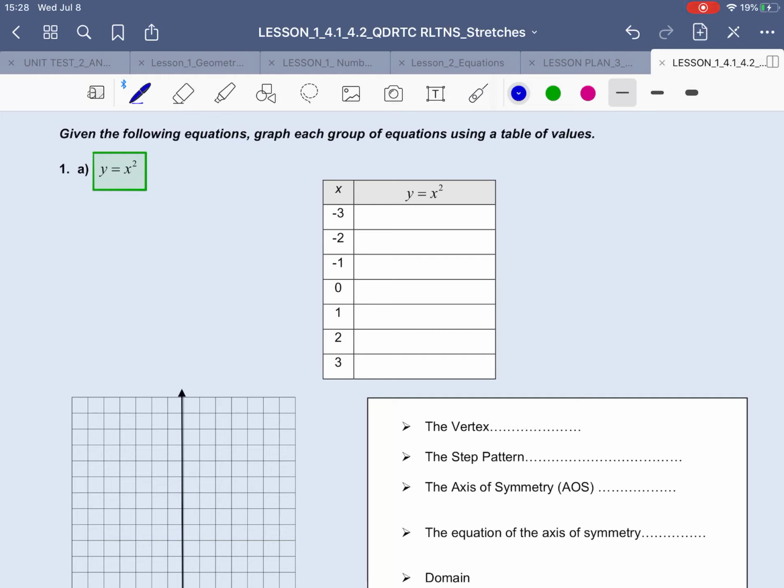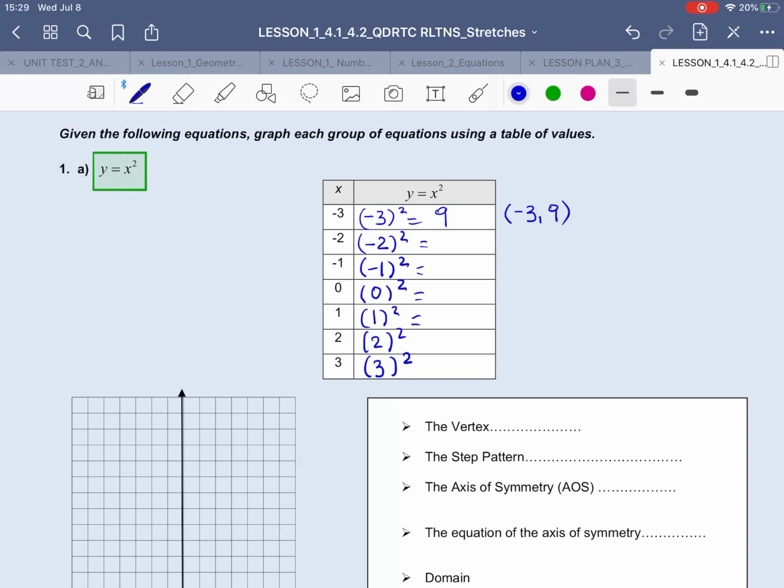So y equals x squared. When x equals negative 3, we have negative 3 squared, so that's 9. So the first ordered pair we have to graph is (-3, 9). When x equals -2, we have -2 squared. -1, -1 squared. x equals 0, that means 0 squared. x equals 1, 1 squared, x equals 2, 2 squared, x equals 3, 3 squared.